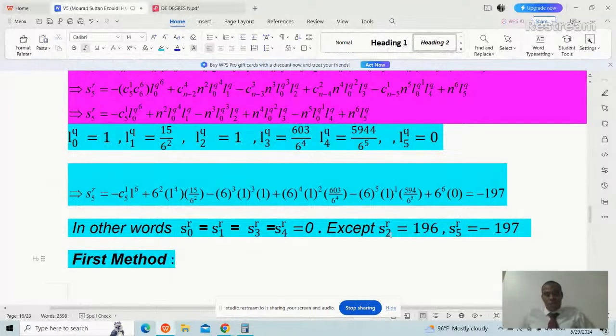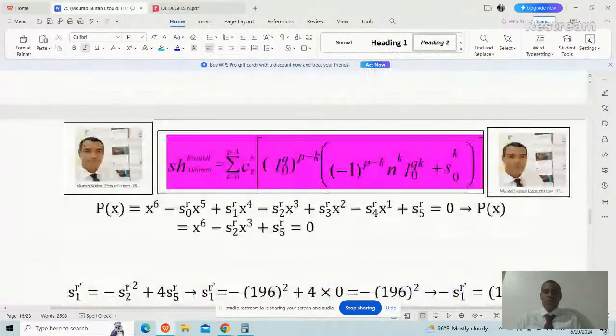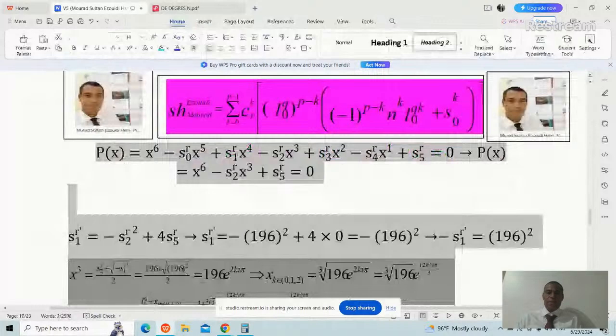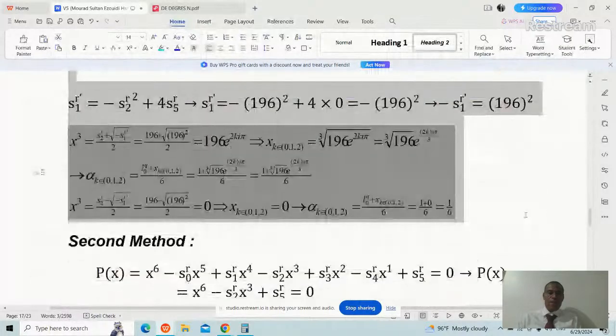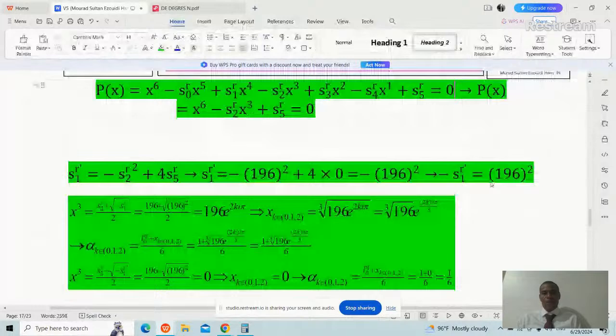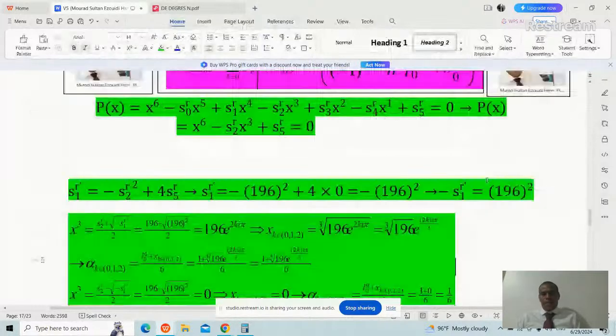Okay. Now I will solve this one, learners. I will come here and write my new polynomial, with a different color, green maybe. The polynomial to the power 6 has to be written as x raised to the power 6 minus s2 r x cubed plus s5 r equals 0.